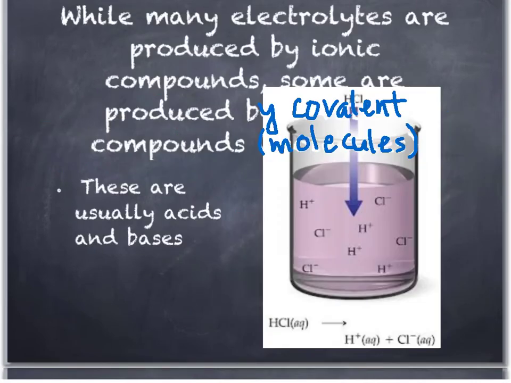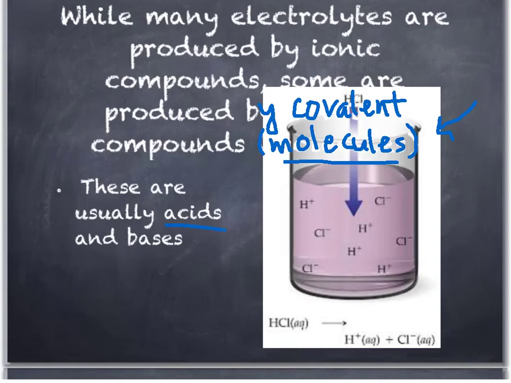First, I want to apologize for this slide here. When it got reformatted, it moved the picture around so you couldn't see what was written, so I wrote it in. But what this is talking about is another way that electrolytes can be produced. A lot of them are produced by ionic compounds like we were just talking about, but there are some covalent compounds, or molecules, where you have two nonmetals, that also produce ions when they're dissolved in water.